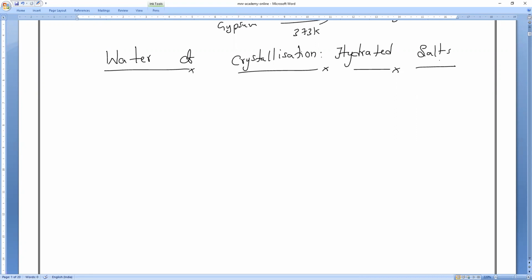So what is water of crystallization? Let us see that. The main importance of water of crystallization is in the structure of the crystal. If any salt has a crystal structure, that is definitely because of water of crystallization. The salts containing water of crystallization are called what, everybody?